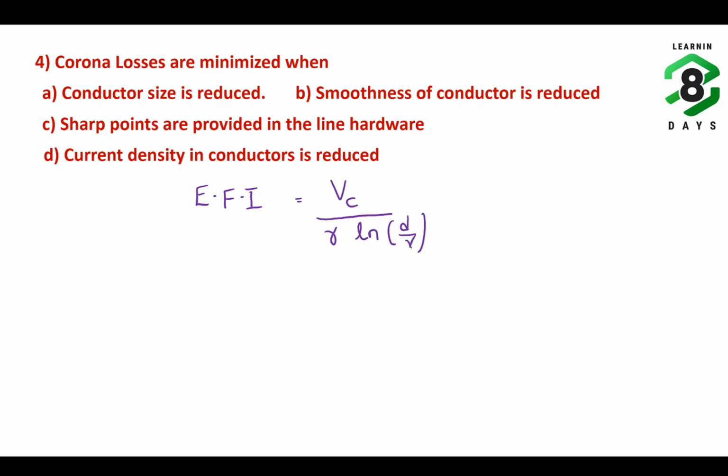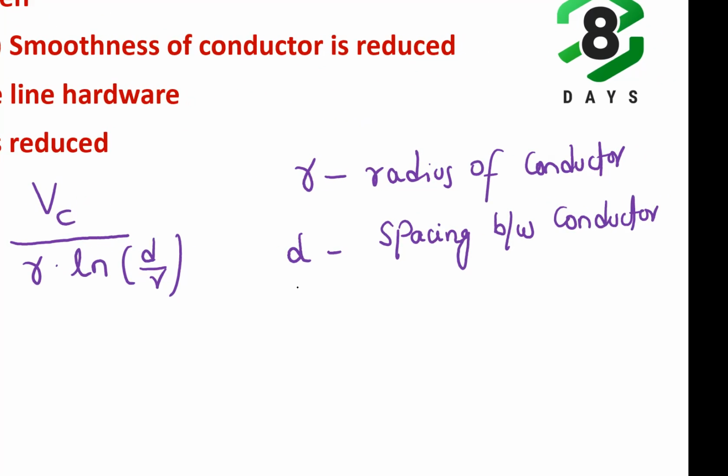Understand? So electric field intensity at the surface of the overhead transmission line conductor is given by Vc, voltage of that conductor, divided by R into logarithm of D by R, where R is the radius of conductor and D is the spacing between two conductors in overhead line.